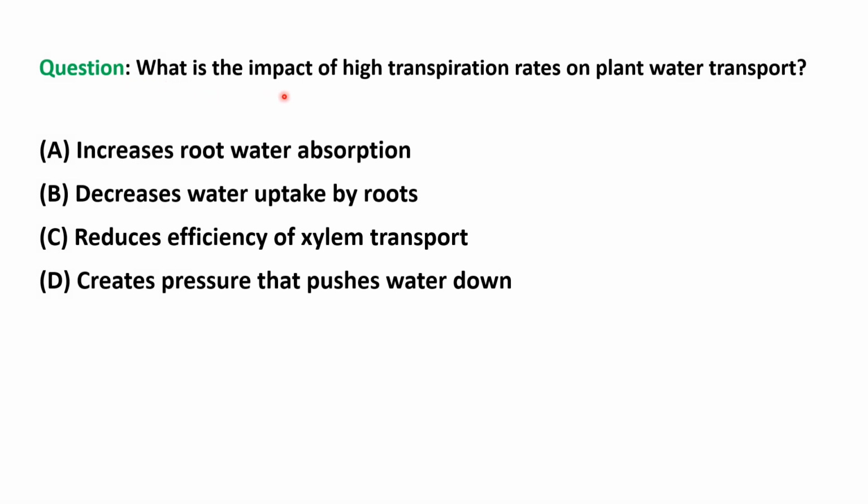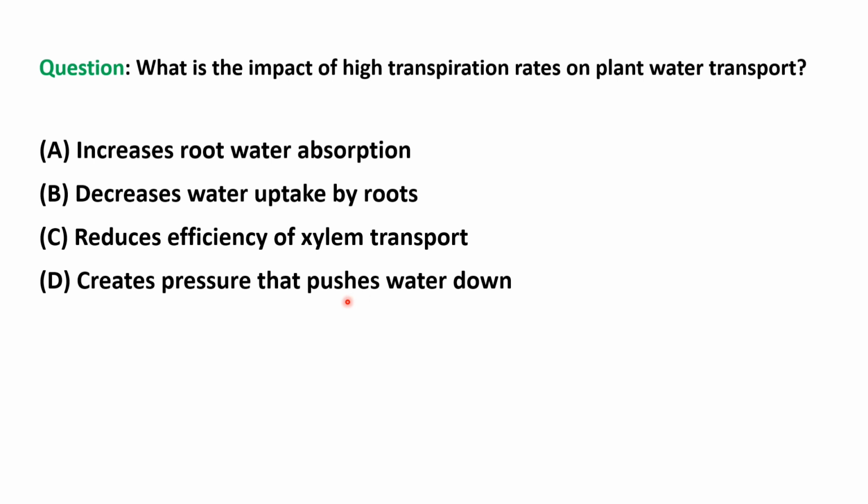What is the impact of high transpiration rates on plant water transport? A. Increases root water absorption. B. Decreases water uptake by roots. C. Reduces efficiency of xylem transport. D. Creates pressure that pushes water down.